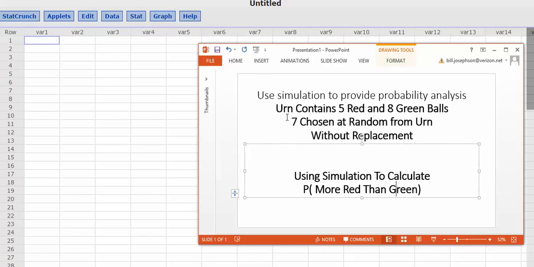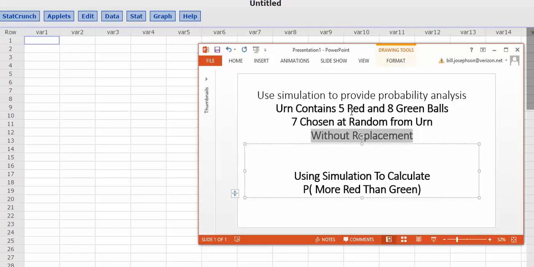What I want to do is I have an urn that contains 5 red and green balls, and I want to choose 7 of those balls at random from the urn. Of course, when you say at random, that means every ball has an equal chance of being selected. And by without replacement, we mean that once the ball is chosen, it's not put back into the urn to be selected again.